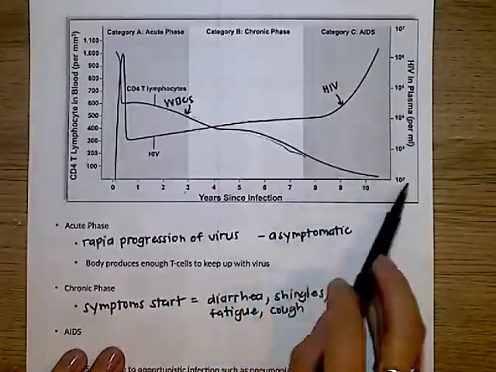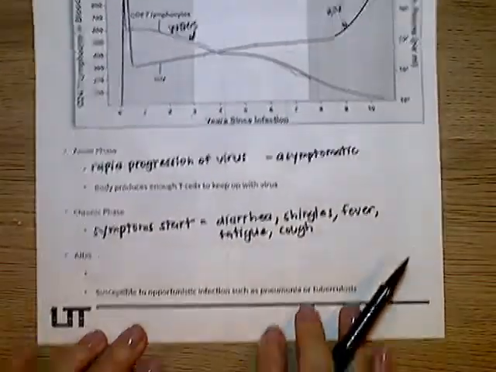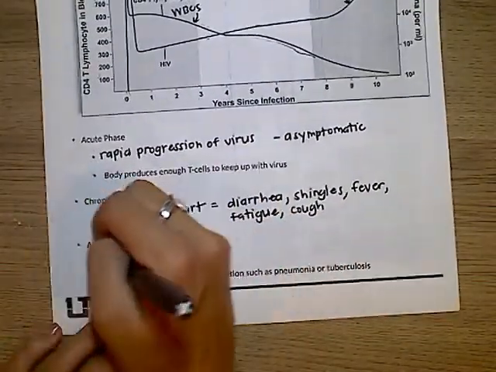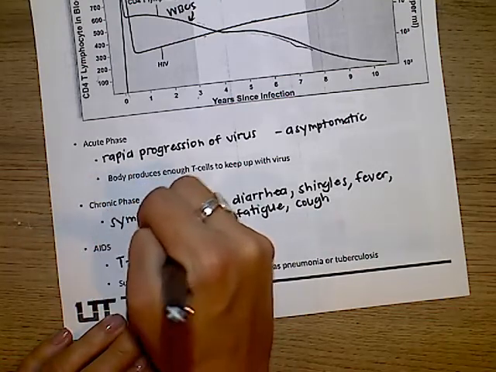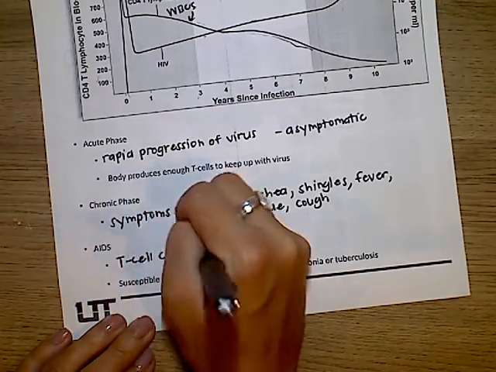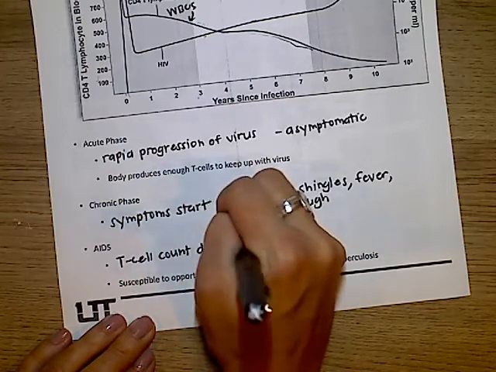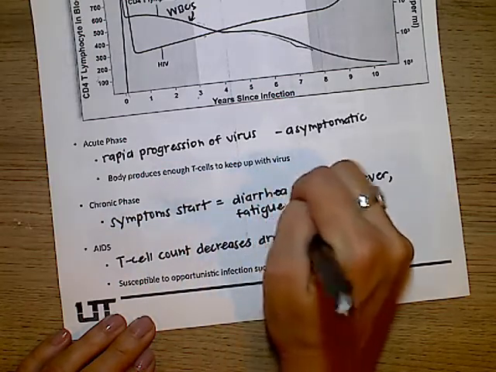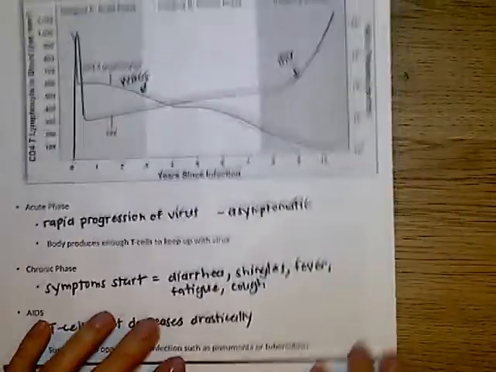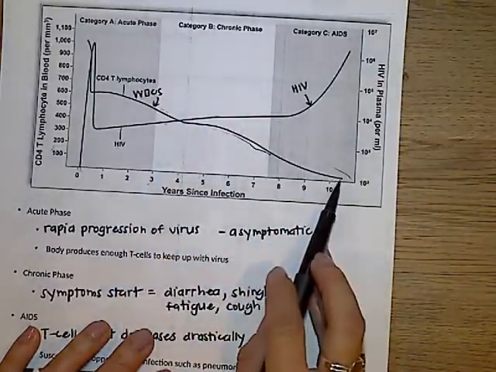In this last section with AIDS here, the T cell count decreases drastically. You can see it go way down almost to nothing.